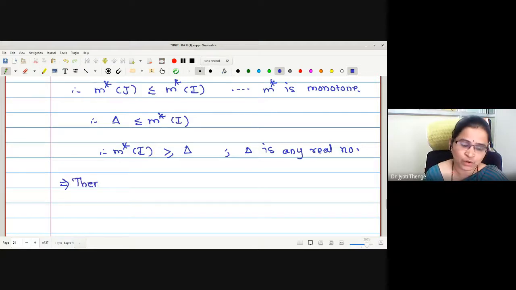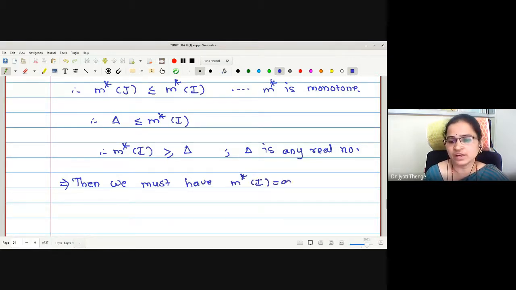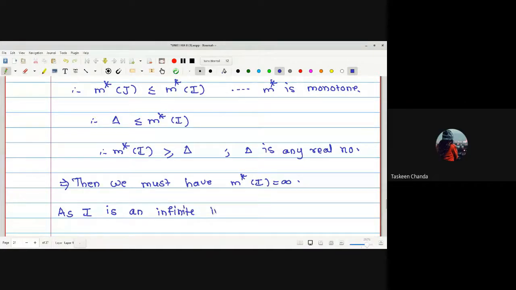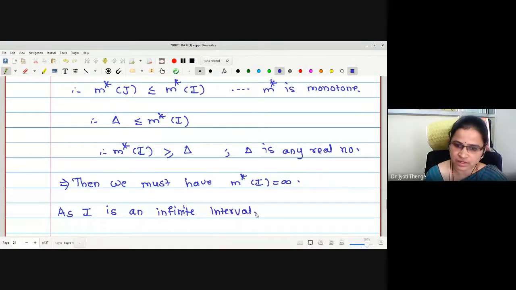Therefore, we must have m star of I equal to infinity. Right? Okay. And as I is an infinite interval, what about its length? Infinite. Yes, it is infinite.